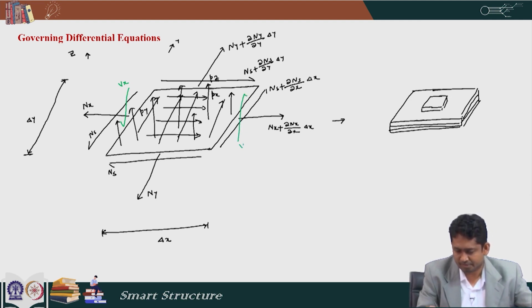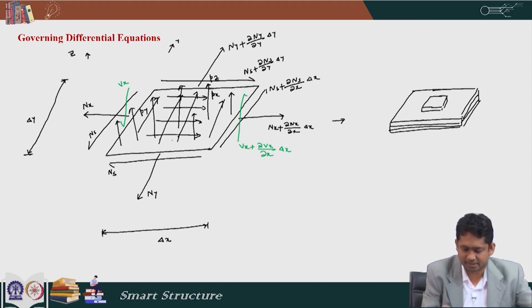So, this can be Vx plus del Vx by del x multiplied by delta x, and similarly here also Vy, and here can be Vy plus del Vy by del y multiplied by delta y.